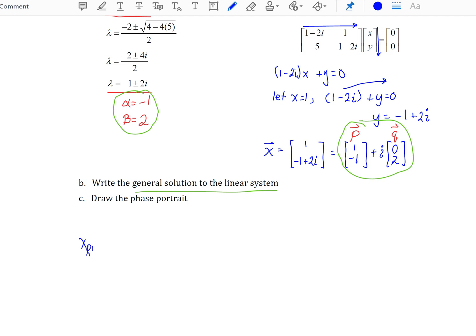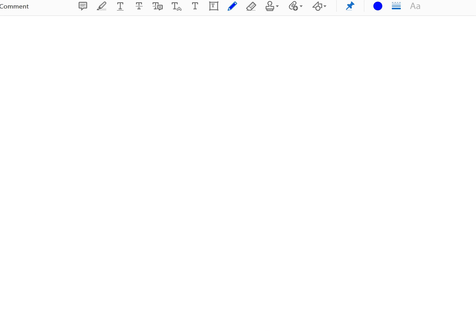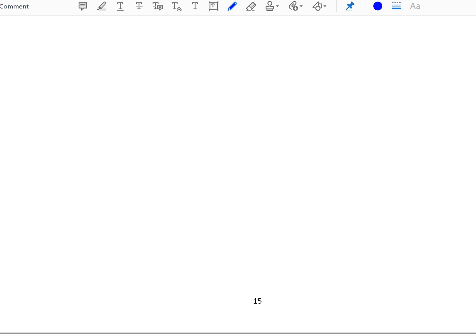So your x real part has to be, well, let's just look back at our general solution so we can see this again. Oh, I didn't leave it written here.